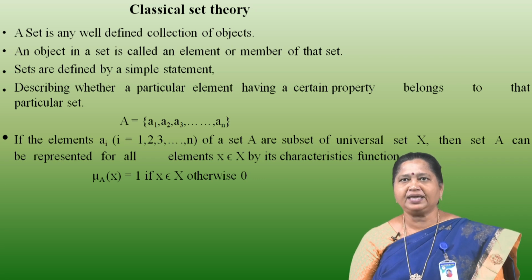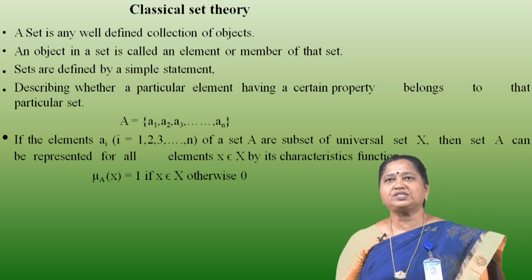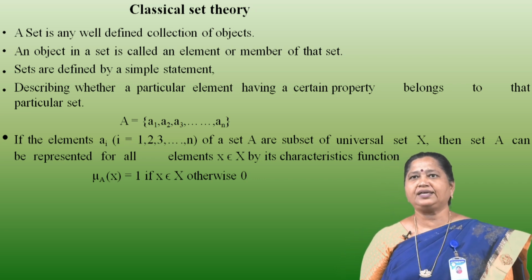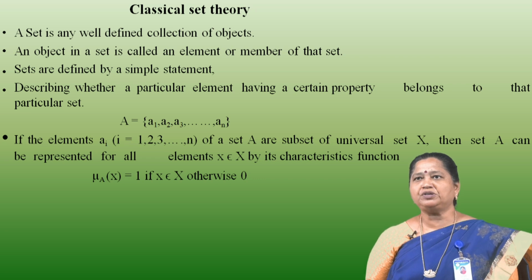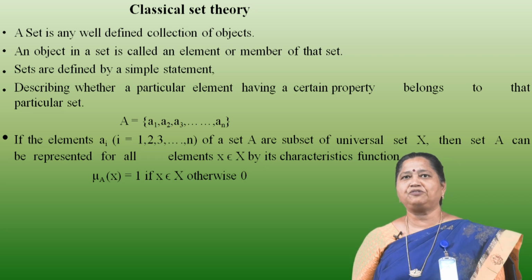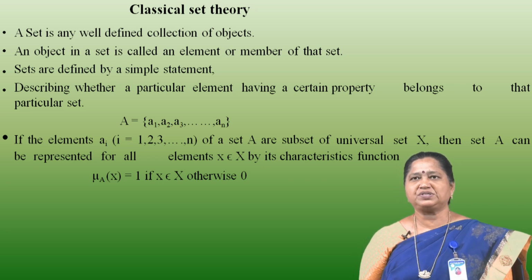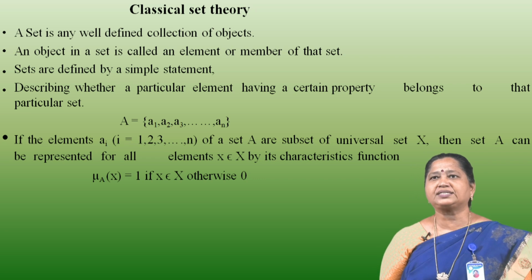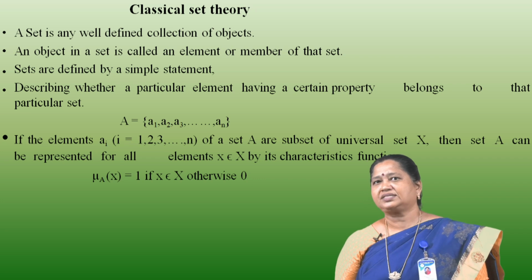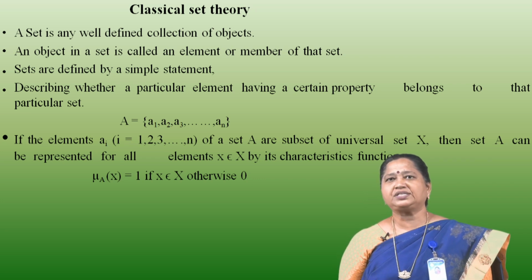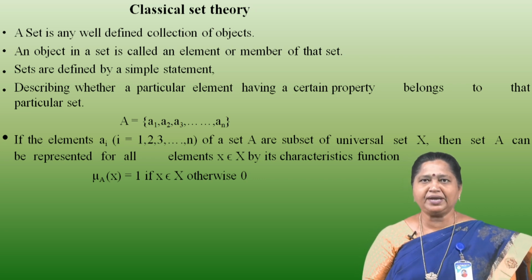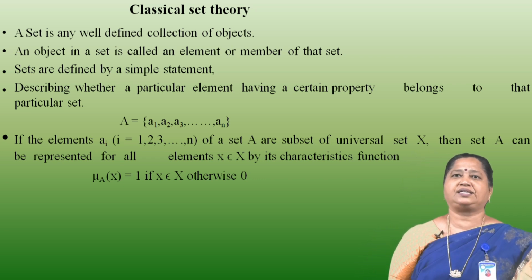If the elements Ai, where i equals 1, 2, 3 and so on to N, of a set capital A are subsets of universal set X, then set A can be represented for all elements x belonging to capital X by its characteristic function, that is chi A of x, which is equal to 1 if x belongs to capital X, that is, that element belongs to the universal set.